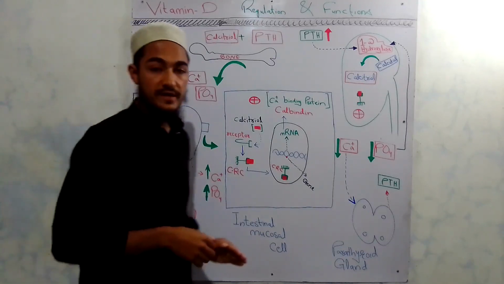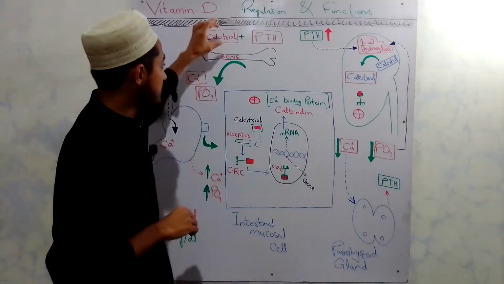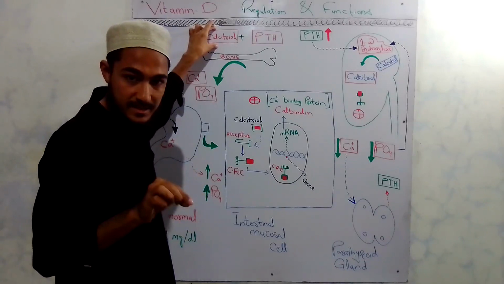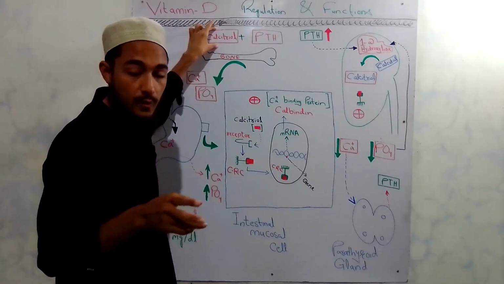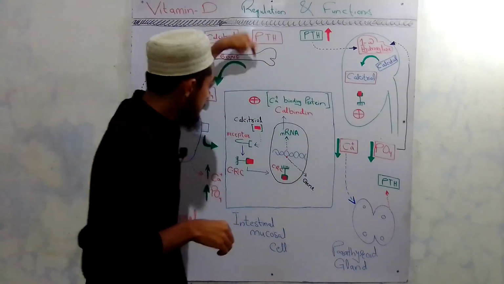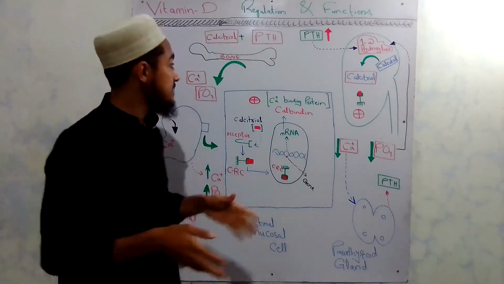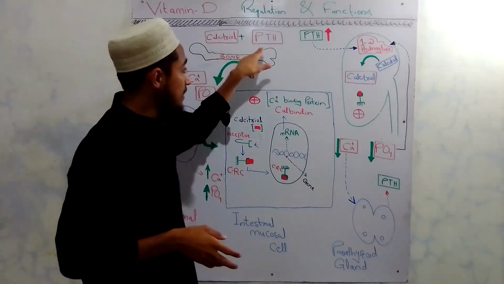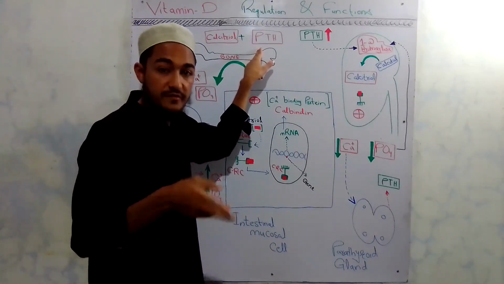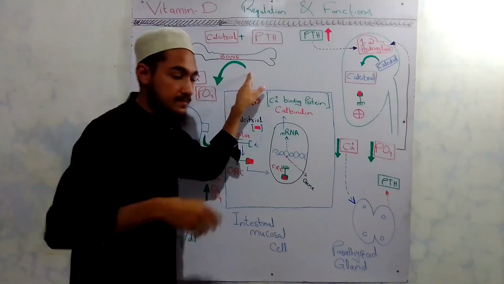Here you have to clear one concept very clearly: in some books you read that vitamin D helps in the mineralization of bone. It means that vitamin D helps in the deposition of calcium and phosphate in the bone, while in some places you study that vitamin D along with the parathyroid hormone helps in the mobilization of calcium from the bone. It means that it detaches the calcium from the bones.